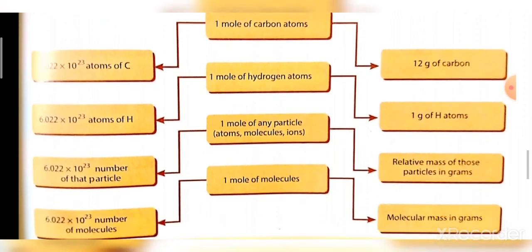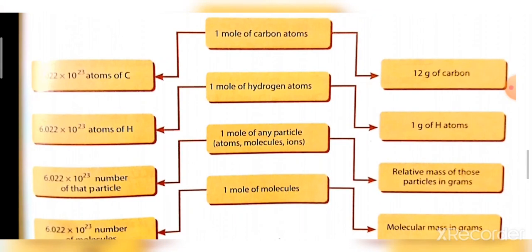Also you can see the flow chart here. If we are talking about 1 mole of carbon atoms, that will be equal to 6.022 into 10 raised to the power 23 atoms of carbon. Also it will be equal to 12 gram of carbon. So 1 mole will be equal to the mass of a particular element or compound. Also it will be equal to Avogadro number.